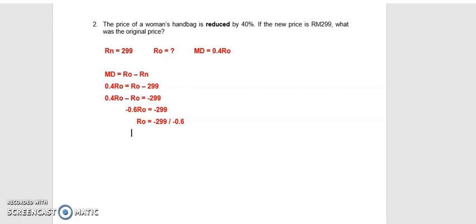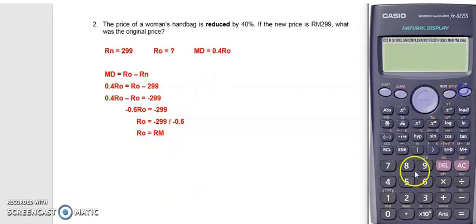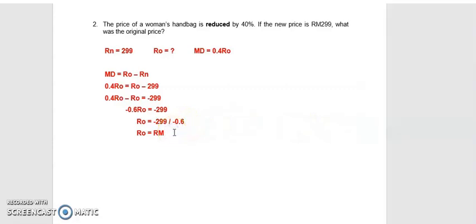Your answer must be more than RN because it is the original selling price. Negative will be positive. So 299 divided by 0.6 is 498 ringgit 33 cents. Okay, so RO must be more than RN.